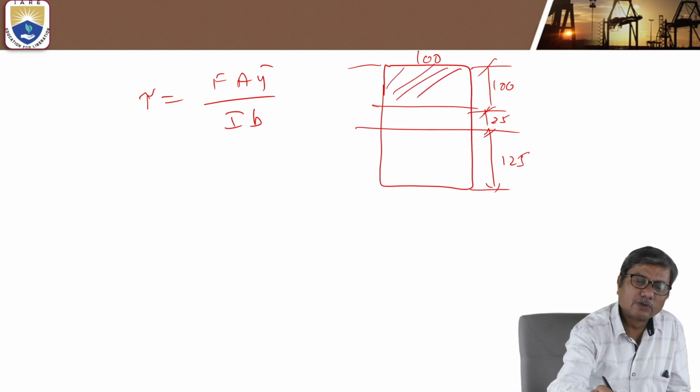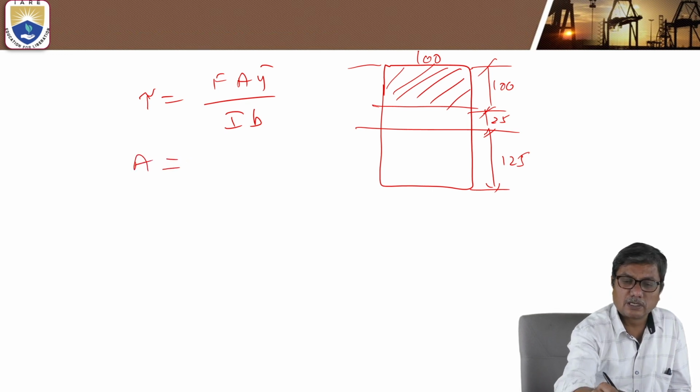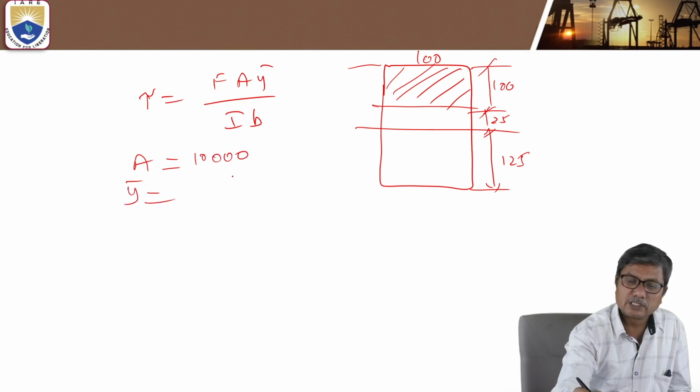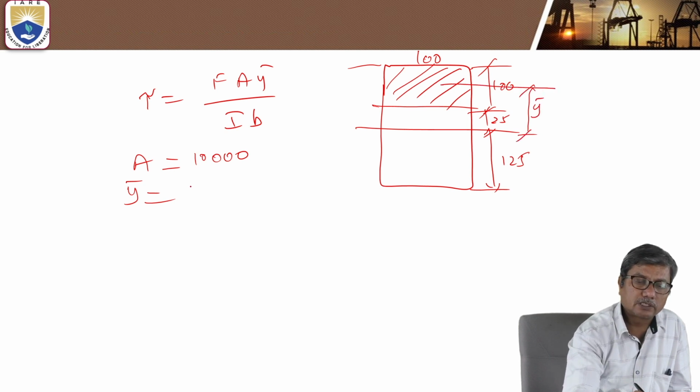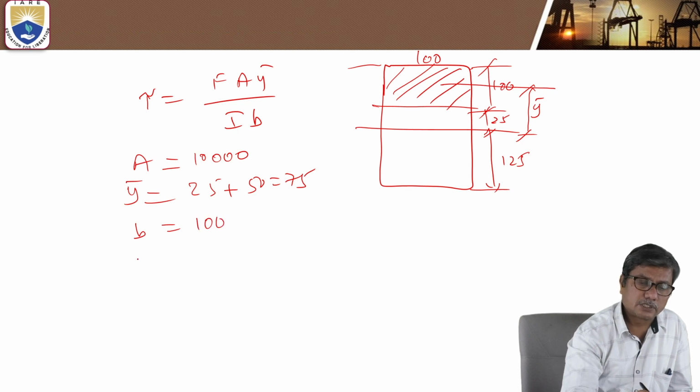So in this case, area is 100 into 100, 10,000. And y bar is the distance of the centroid of this shaded portion from the neutral axis. In this case, it is 25 plus 50, 75. And width is 100 mm constant.